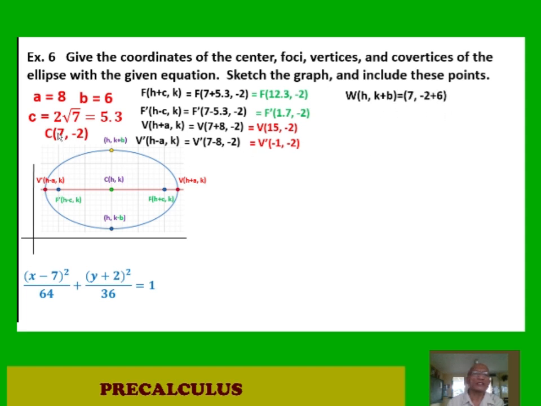Our h is 7, k is negative 2, plus b, which is 6. Simplify, it is 7, 4. The other co-vertex becomes minus, so 7, negative 8. So plot the points on the coordinate axis.